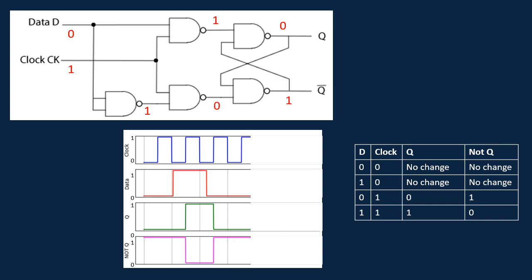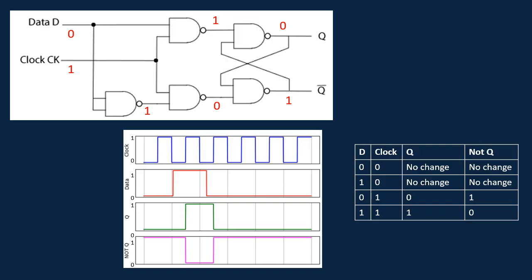Even though the clock has moved to 1 at this point, our data is still at 0, so therefore our output remains at 0. So going to the end of the sequence, because our input data value now remains at 0 for the remainder of this period, regardless of what the clock is doing, whether it's 0 or 1, our output for Q is going to also remain at 0.